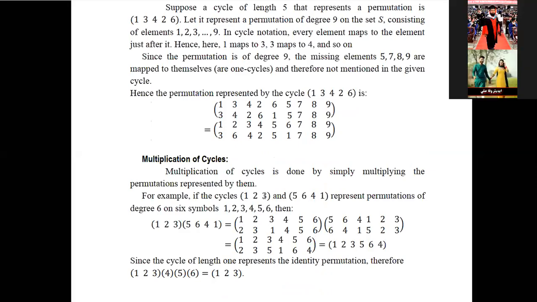First of all, convert these cycles into permutation form, because he has written that these cycles are of degree 6. It means permutations with 6 elements. What about the others? They are also fixed. Now first of all, you write these cycles in permutation form, then you simply multiply.